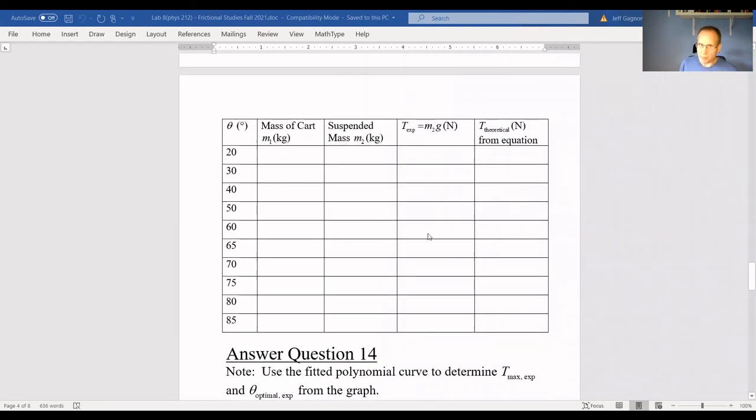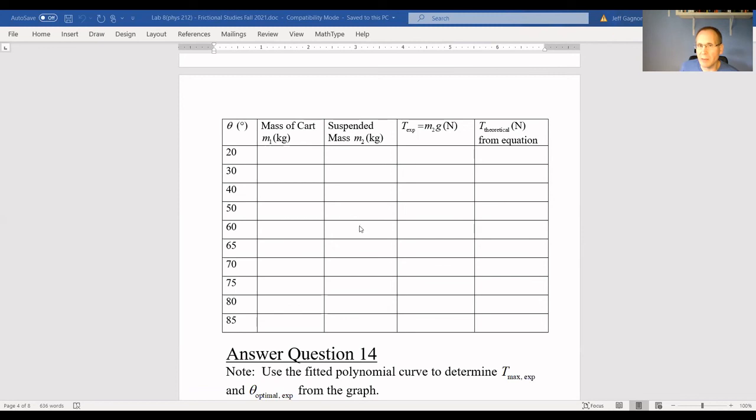So again, you'll need the mass of the cart. You can either use values from your lab partner, or if you can't get them, I can give you those values. It's the same value, right? Because that stays the same. It's mass of the cart with one weight. So that stays the same for all these conditions, all these different angles. The suspended mass is how much mass you had to put on the hanger such that the cart moves up the ramp at a constant velocity.